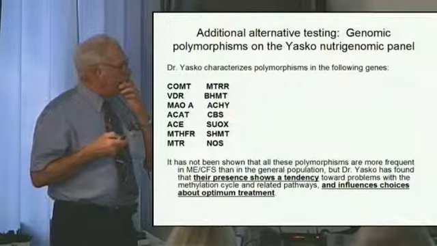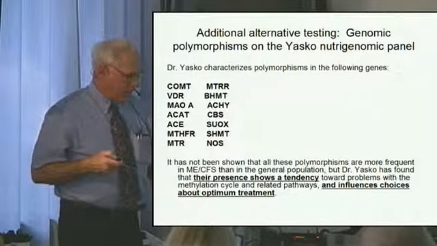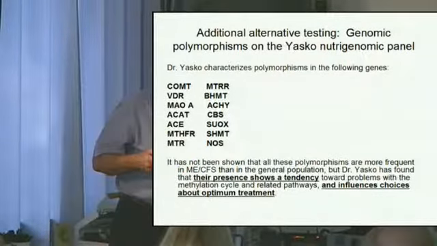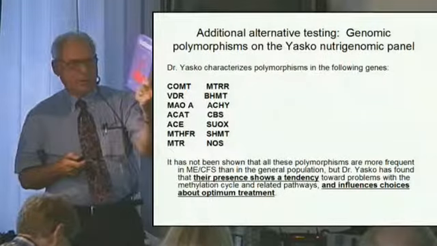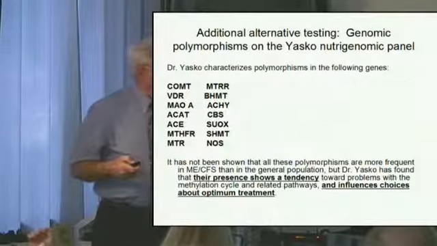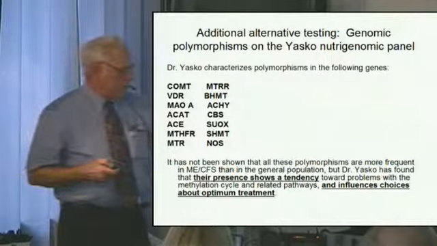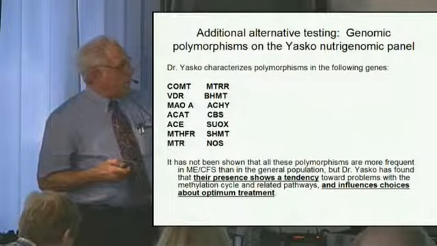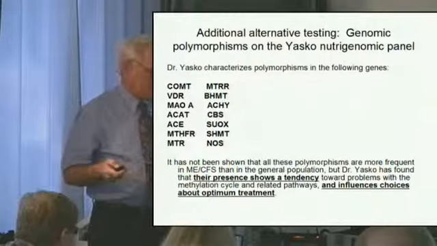And Dr. Yasko has a rather elaborate treatment program, and that's described in her book called Autism Pathways to Recovery. She also has a website, and she's written a book called Genetic Bypass. These books talk about the effect of polymorphisms in those enzymes on the methylation cycle and related pathways.